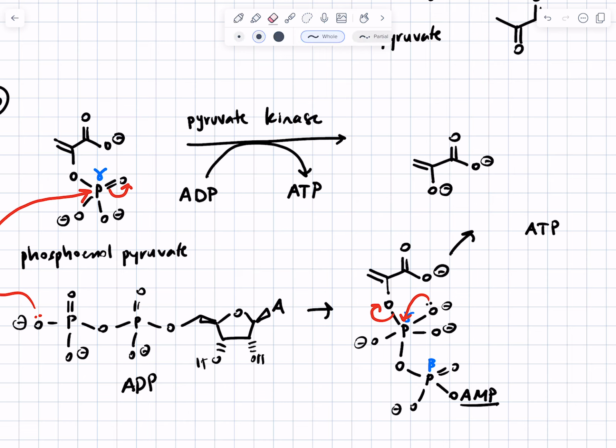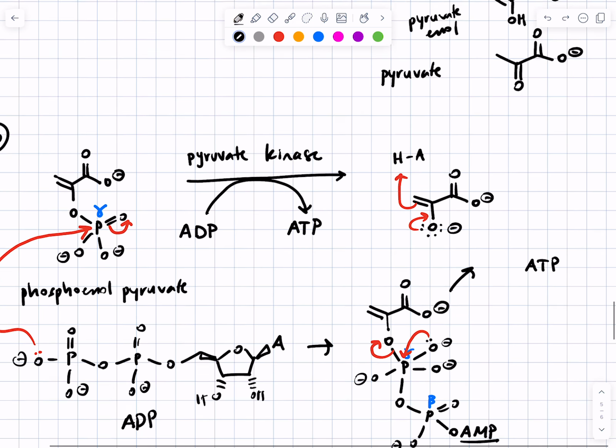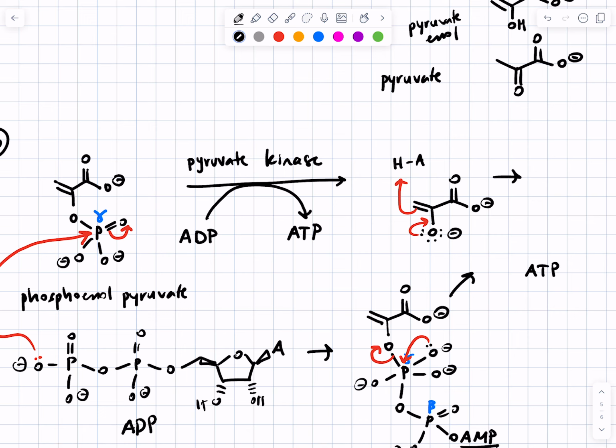It could be protonated on the negatively charged oxygen to make the enol, and then would rapidly tautomerize to form the more stable keto form. What I'm going to do instead is just show electrons kicking down and the enolate getting protonated by the enzyme on the alpha carbon to give the ultimate product, which is pyruvate.